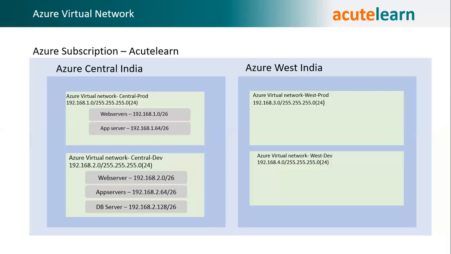Each and every virtual network can have multiple subnets. The virtual network is basically a private network in Azure. Under that, to segregate the servers or the environment, we create a subnet to achieve the security and everything.